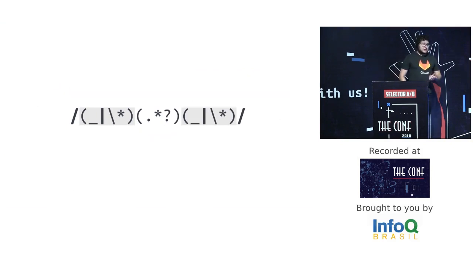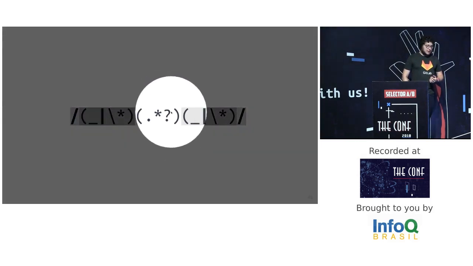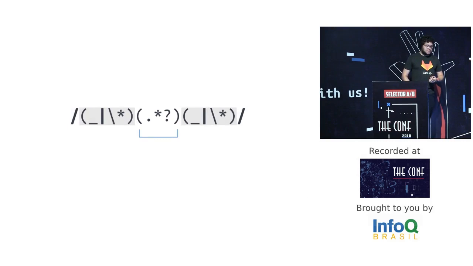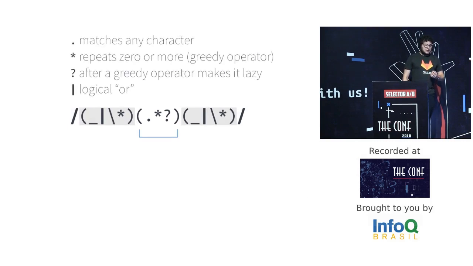So this is the improved version of that regular expression. We need to add this question mark here. And what the question mark does, it changes the greedy operator into a lazy operator, or what people usually call a non-greedy operator.